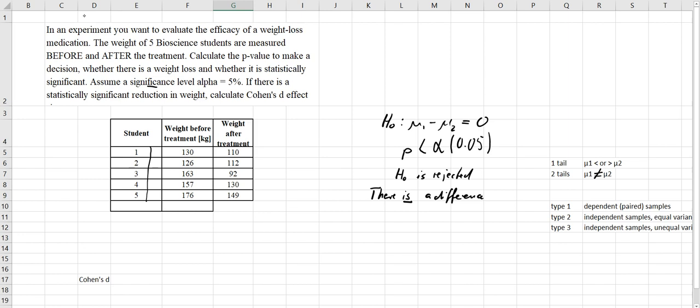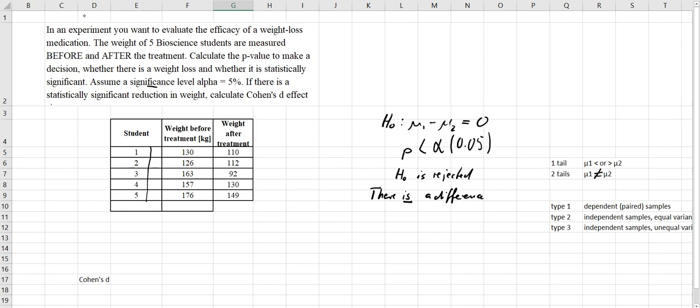So our null hypothesis would be that there is no reduction in the weight, so that the mean of the 2 samples, and in this case they are paired or dependent samples, would be 0.